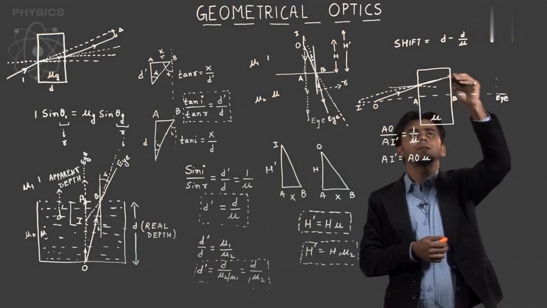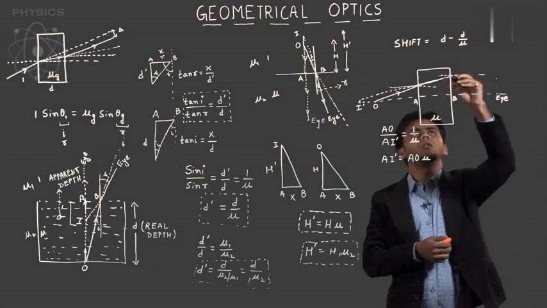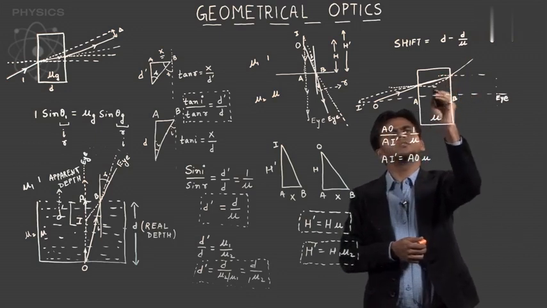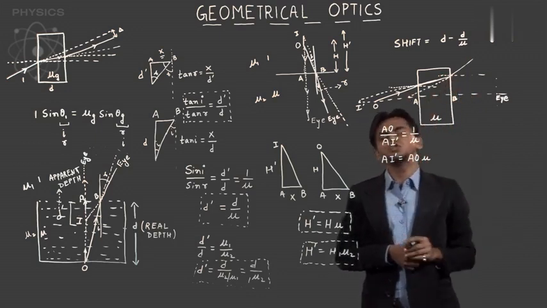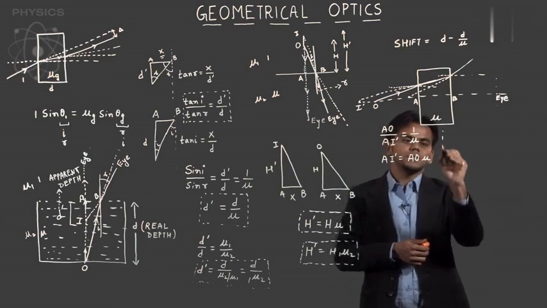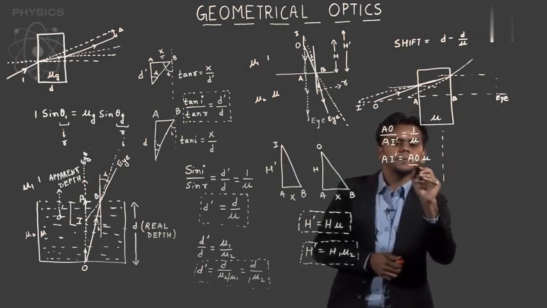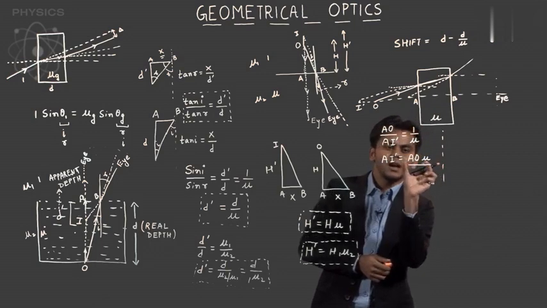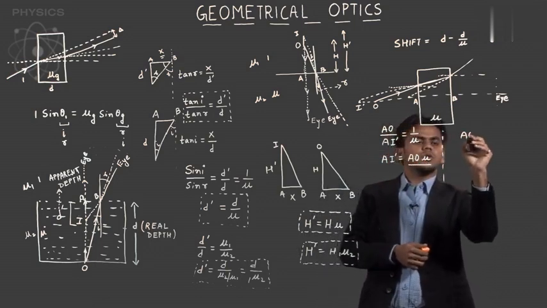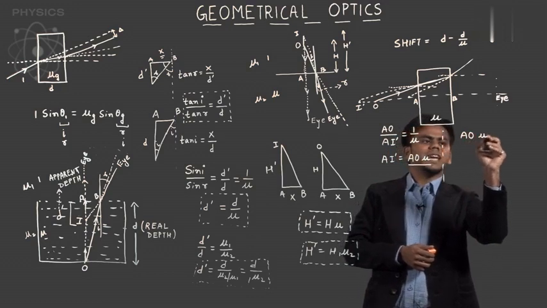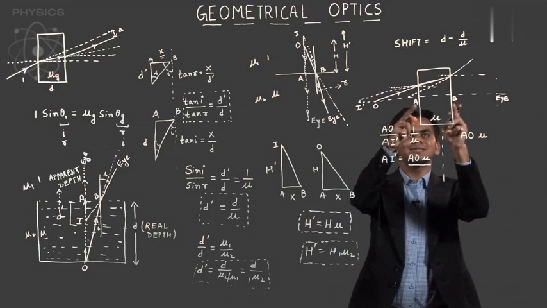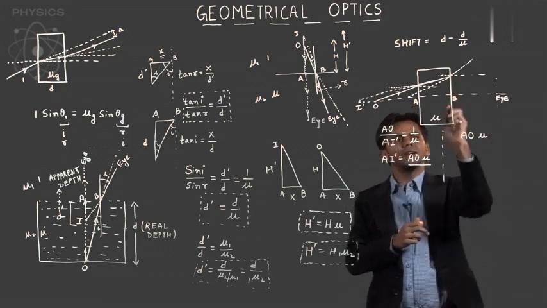So now it will go away from the normal. So I'll produce it backwards. Now I'll have to use the depth formula, which means this thing over here becomes my actual depth, AO times mu from A. I'll have to use this also because it's taken from this B point.